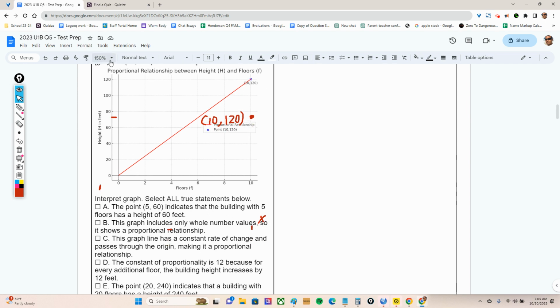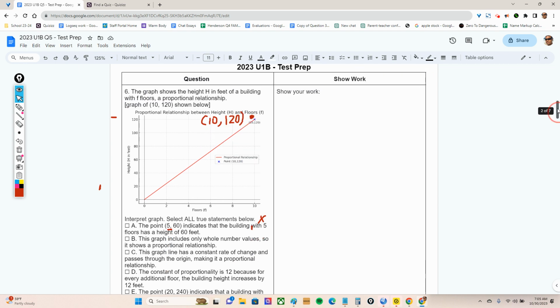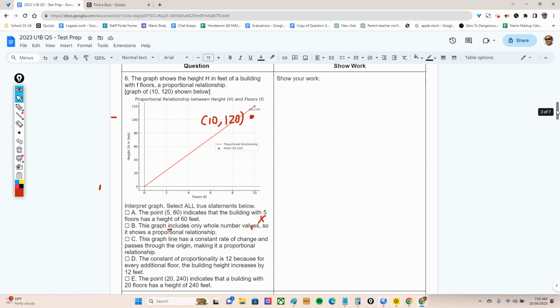Let me see if I can shrink this down to 125. Okay, I think that'll work. Erase this stuff. 10, 120. Let's keep it moving.